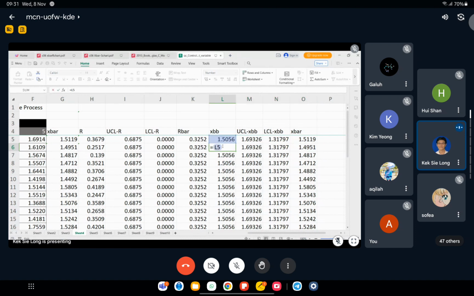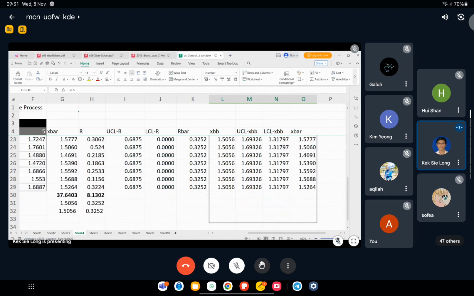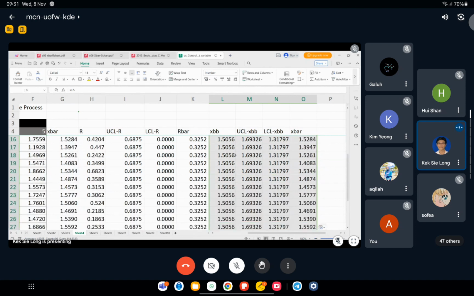So make sure you read X bar from the first value, and then this one we can just write, and then highlight the second row and drag to the end to fill in the table.